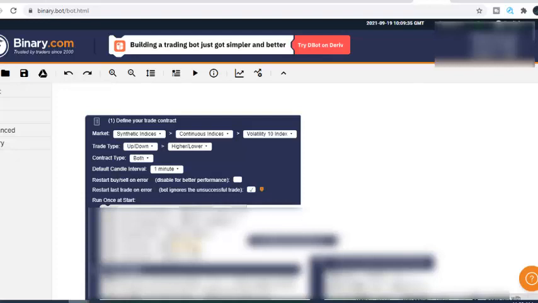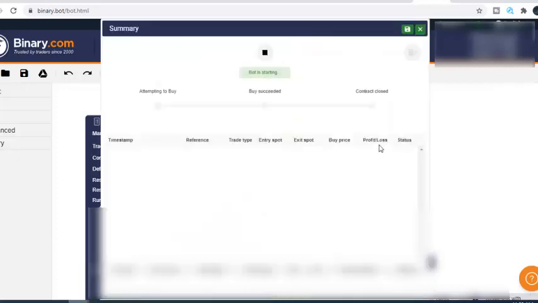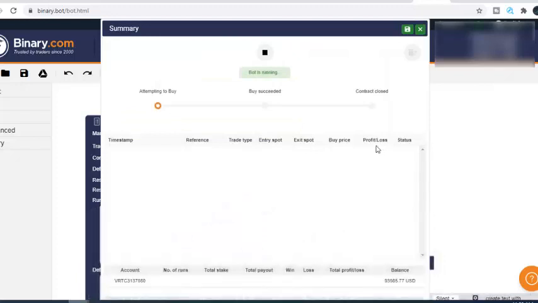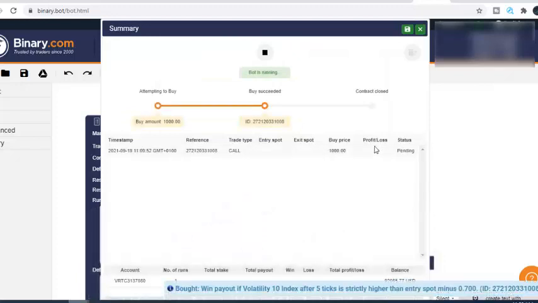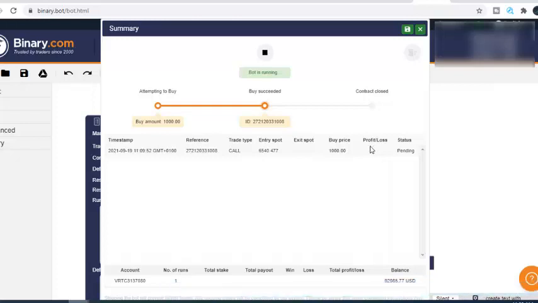So basically, I have a lot of money, I don't know about you. I want to just run this for you with $1,000, and let's see if I can make 10% in less than a few minutes.